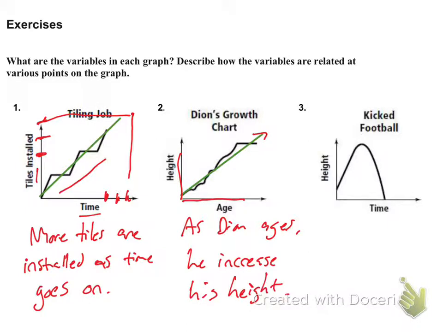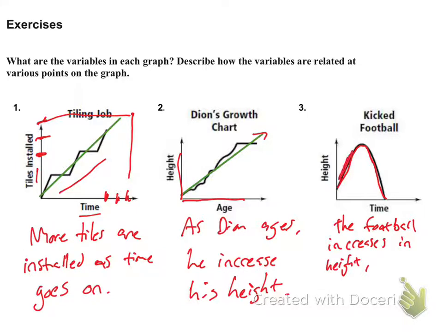All right, so on the third one, we have the height. It increases over time, and then it starts to decrease over time. So the kicked football, I guess you could say the punt or whatever you want to call it. The football increases in height. And then what does it do?